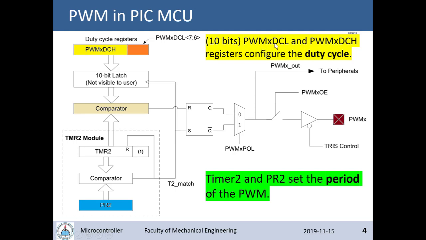PWMXDCL and PWMXDCH, these two registers combine together to make a 10-bit value for the duty cycle. And to set up the period, we have to configure Timer 2 and the PR2 register of Timer 2.